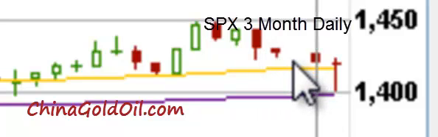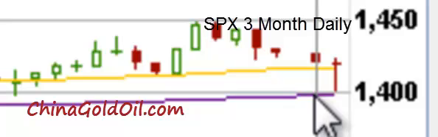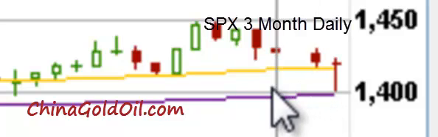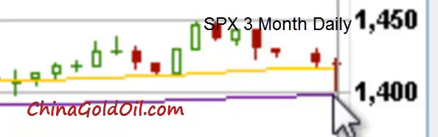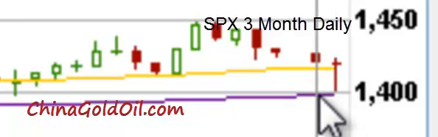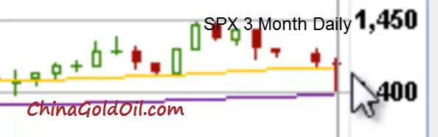We opened up above the 50-day moving average, went down and just touched this 200-day moving average, which is extremely significant, which I'll get into in future videos. So we went down to the 200-day, and suddenly all the traders said, no, this is not natural, it should be up here. The entire price point moved back up above the 50 to the opening point almost.